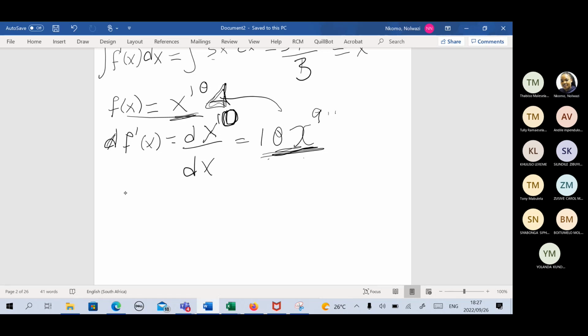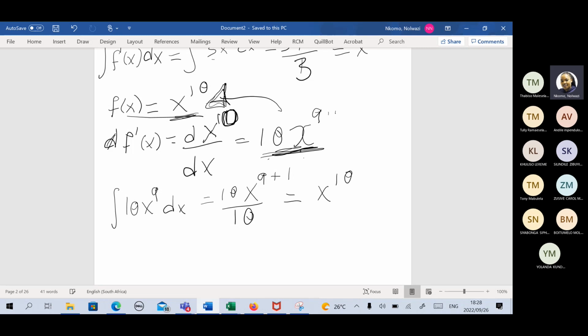So again, we add 1 here and divide by 10. So this means the integral of 10x to the power 9 with respect to x is equal to, we add 1, we divide by 10, x to the power 10, right?